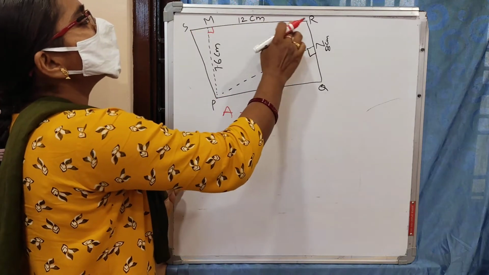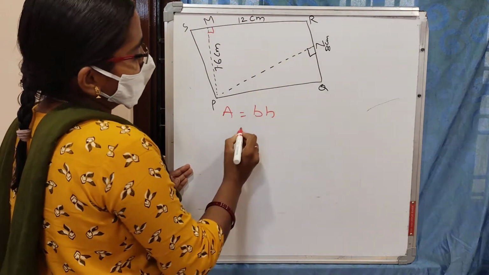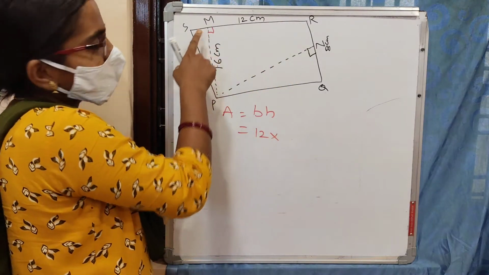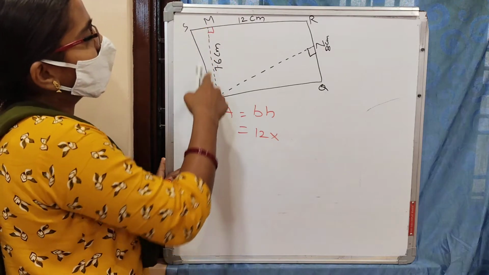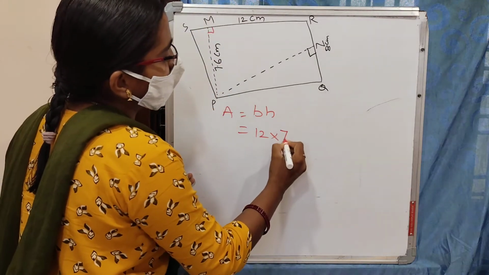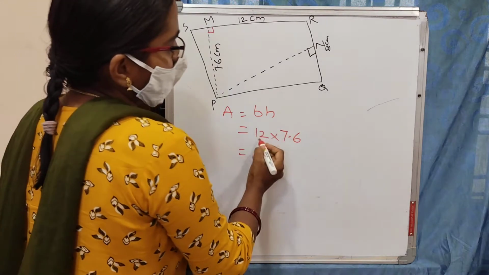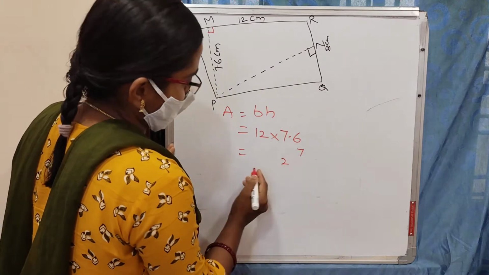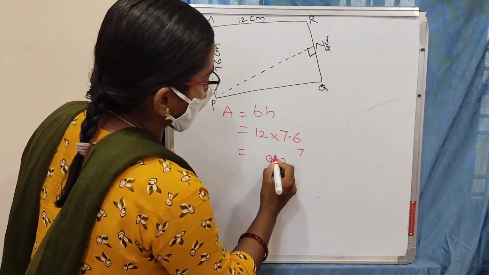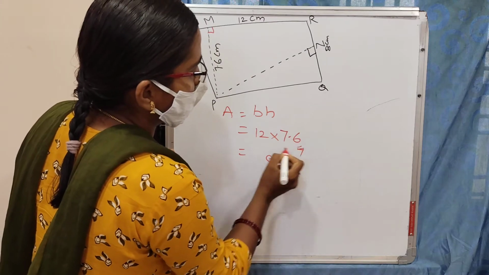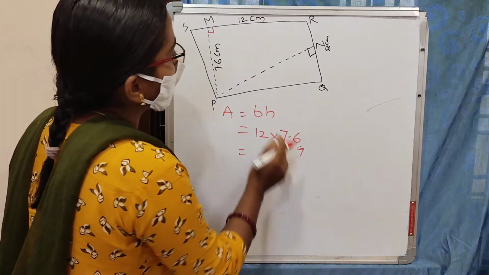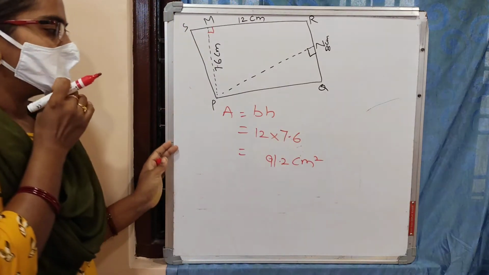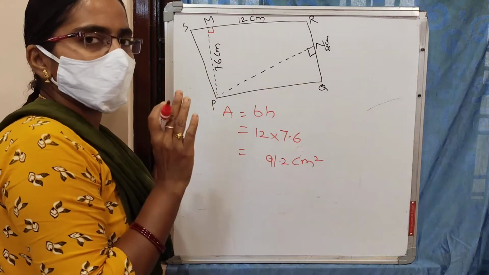SR is the base, its value is 12 centimeter, into the height, the perpendicular line to SR, which is PM, and its length is 7.6. 12 sixes are 72, 12 sevens are 84 plus 7, 91. After one digit we put the decimal point, so 91.2. Since these are in centimeters, we get the area in centimeter square. So this is the area of parallelogram PQRS.